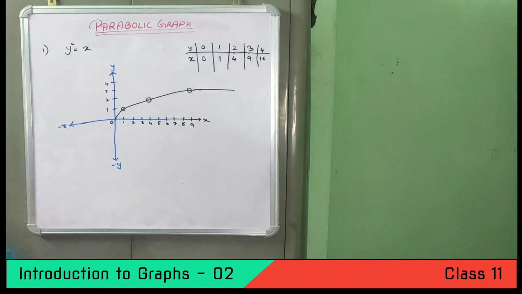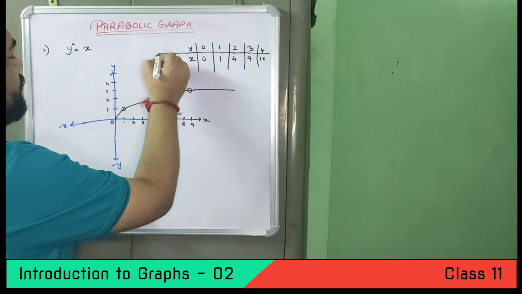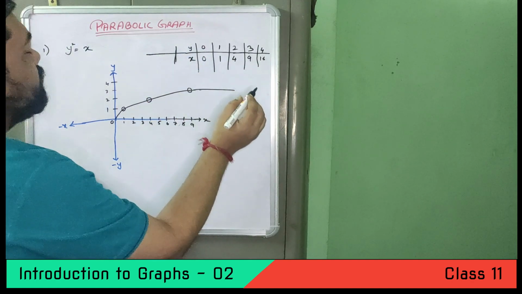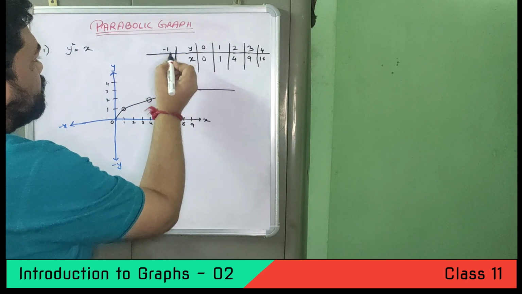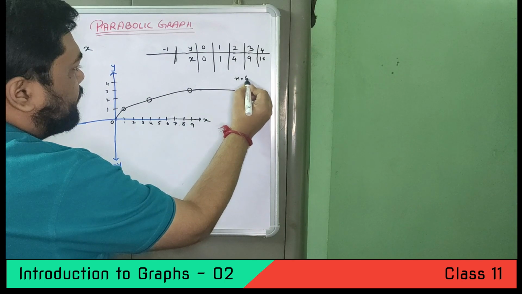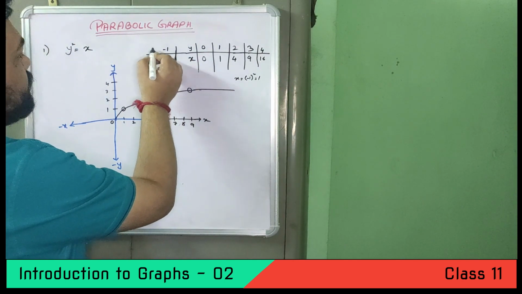Now I am also considering the negative values. That means if I consider y as minus 1, what will be the value of x? x will be minus 1 squared. That means 1. Value of x will be 1.